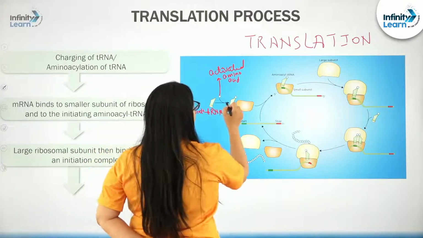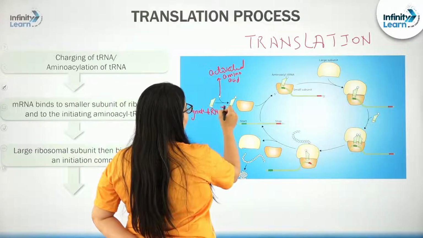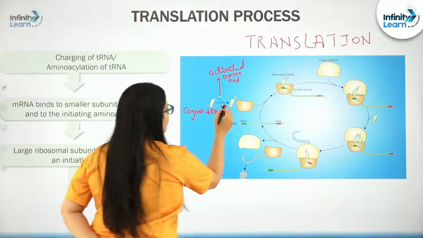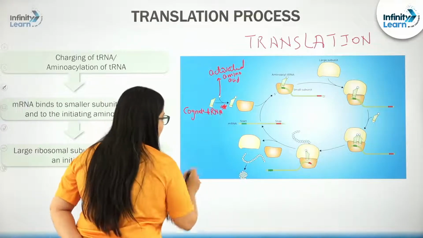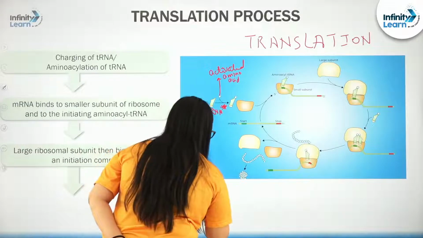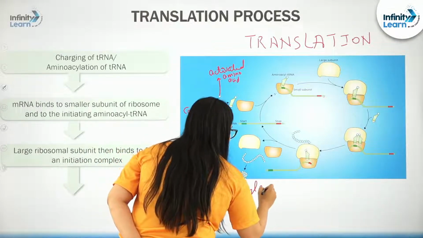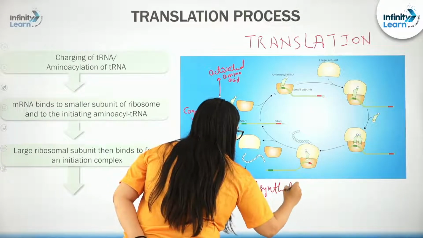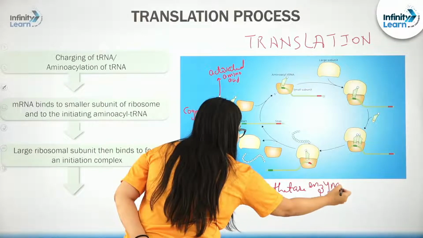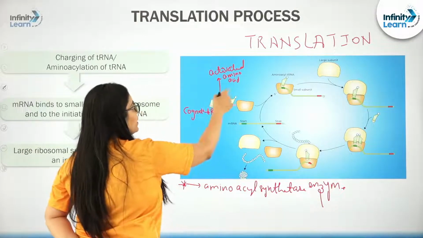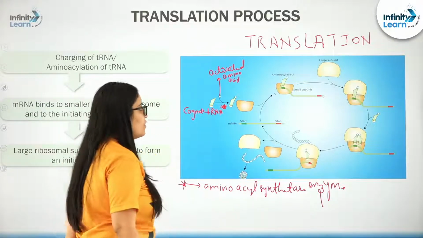I am writing here students, there is no proper space over here, so I am drawing an asterisk here, and here I am mentioning the meaning of the asterisk. The asterisk means the enzyme aminoacyl synthetase enzyme. Okay students, so this reaction will be catalyzed in presence of aminoacyl synthetase enzyme, right.